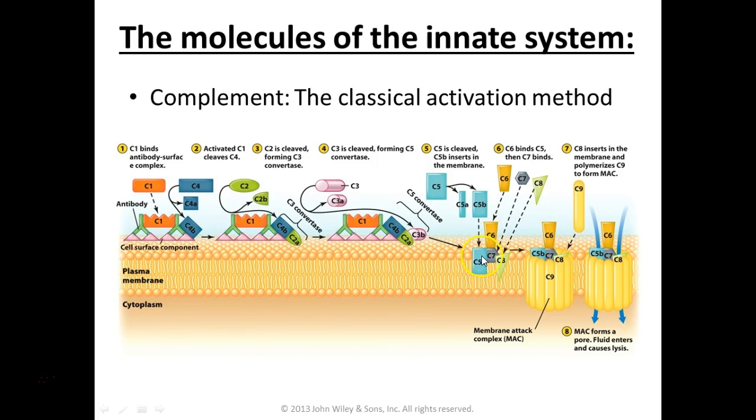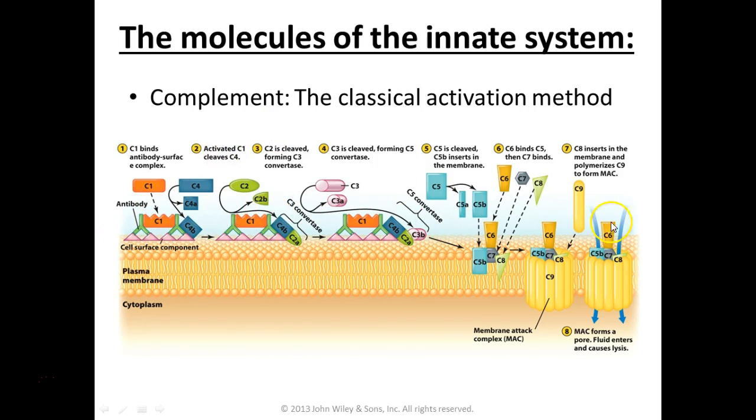And then we can get the formation of the MAC complex, the membrane attack complex. What they're not showing you here is opsonization or the fact that C3a and C5a are going to head out and degranulate those mast cells and basophils nearby, and help elicit inflammation.